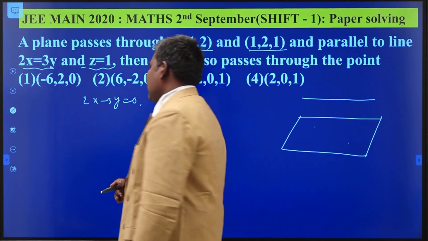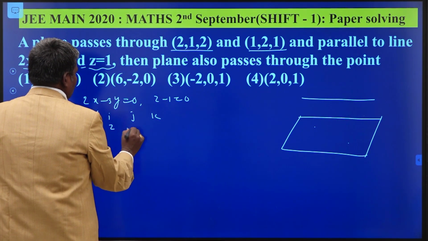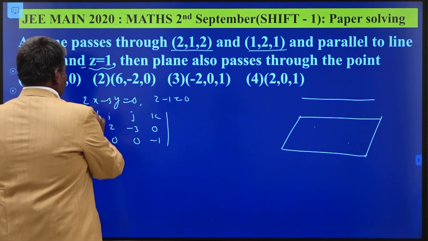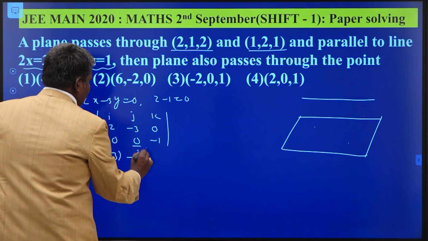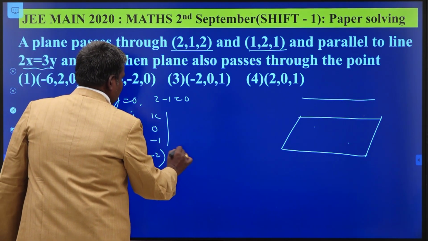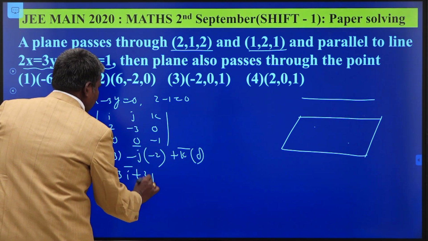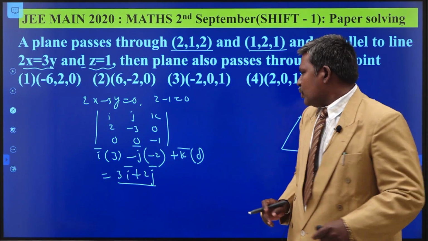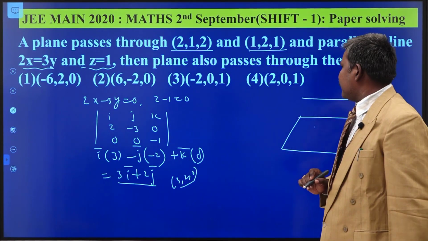You can easily write the direction ratios of the line of intersection by i, j, k. Write the coefficients 2, minus 3, 0 and 0, 0, minus 1. Okay? X, Y, Z coefficients. So, i bar into 3, minus j bar times minus 2, plus k bar into 0. That is nothing but 3i bar plus 2j bar. That means 3, 2, 0 are the direction ratios of the line of intersection.